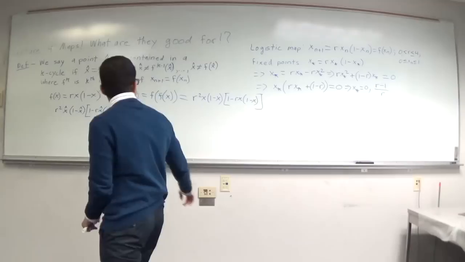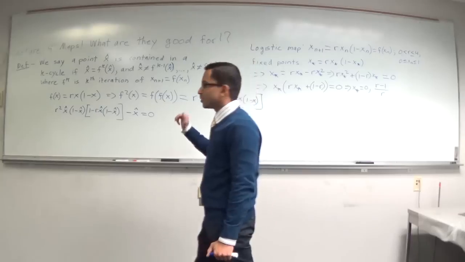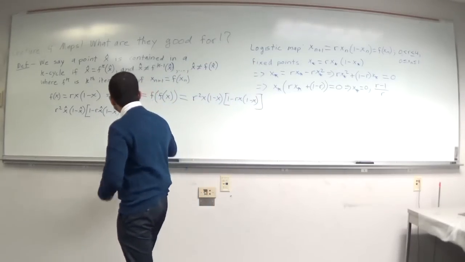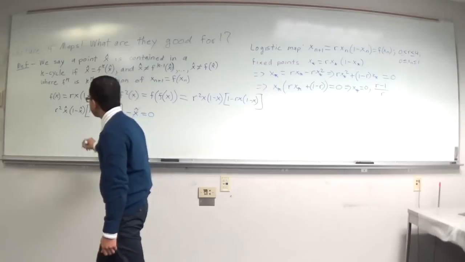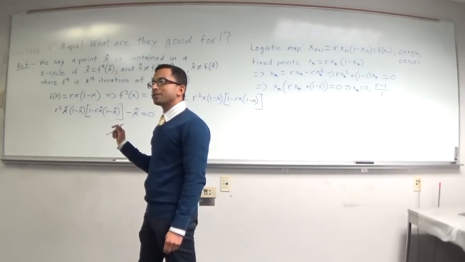So let's do one fixed point. x star equals 0, right? If we have x star equals 0, well, look at this. We have x hat here and x hat here. So now we got rid of x star equals 0.